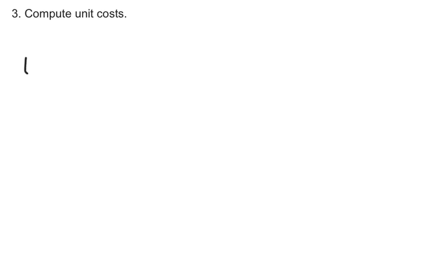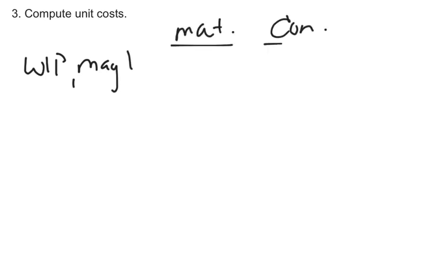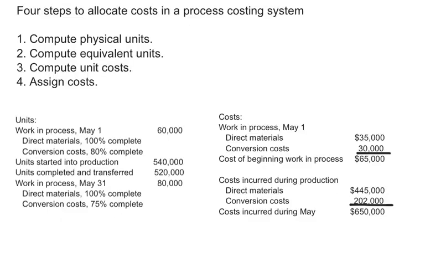So we've got, for materials, let's go over. We had our work in process beginning, materials, conversion. We had 35,000 in materials beginning, and we had 30,000 in conversion. Again, I'm getting this data here, 35 and the 30. For that incurred in production, we had 445 and 202.